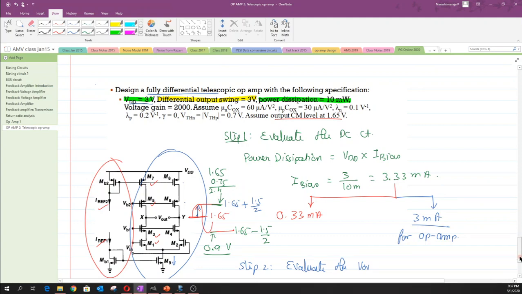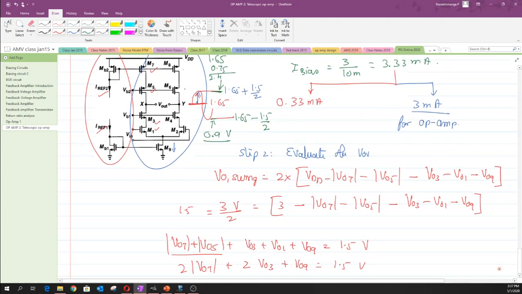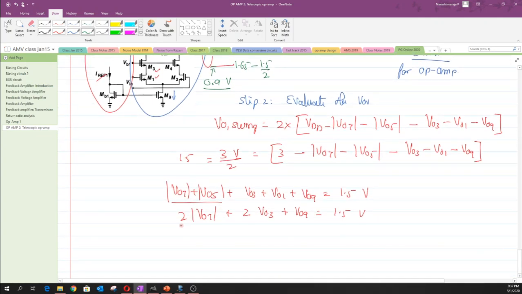So what we really mean here is that the summation of this quantity is supposed to have a value equal to 2. Sorry, I think I'm just missing out. Yeah, so it is 2.4 minus 3 volts that is supposed to give us this quantity. Maybe I have to plug in these data over here.